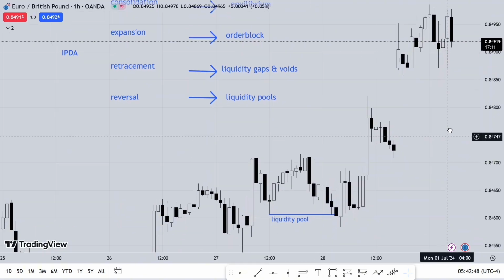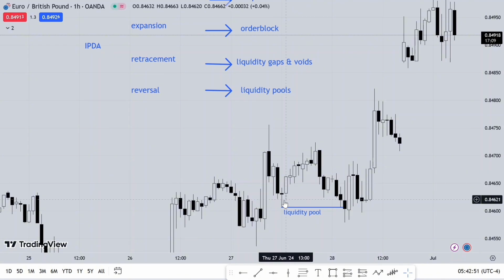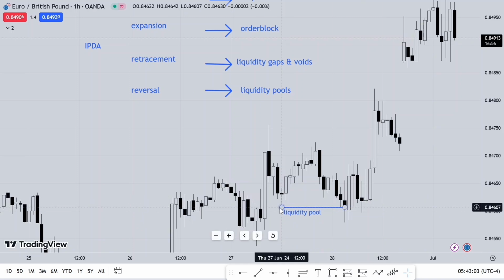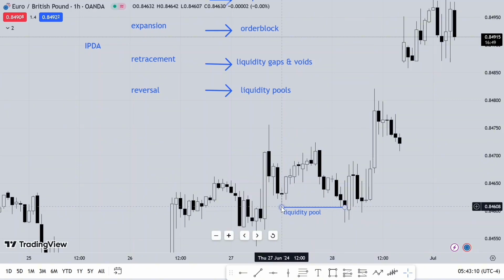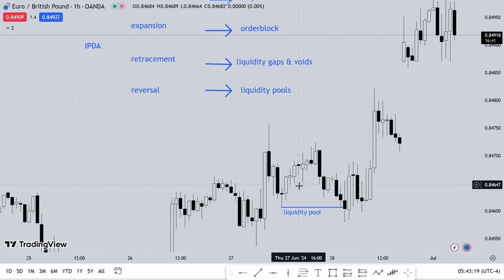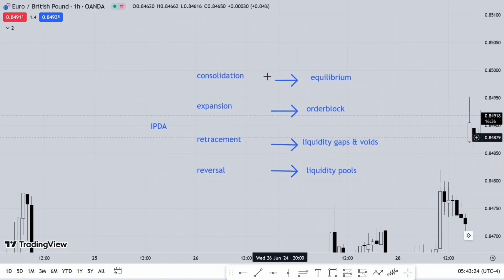So when price purges this sell side liquidity, the algorithm will pair in these orders, these resting sell stop orders, to use as smart money entry for longs. So the algorithm will take this liquidity to facilitate the delivery of buy side, which is above here.